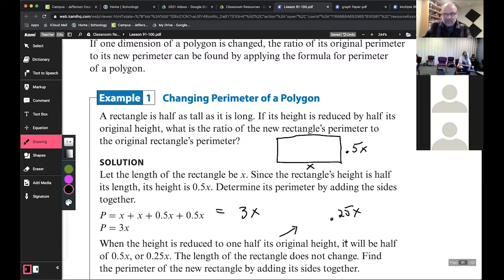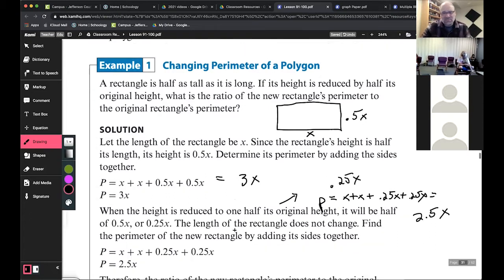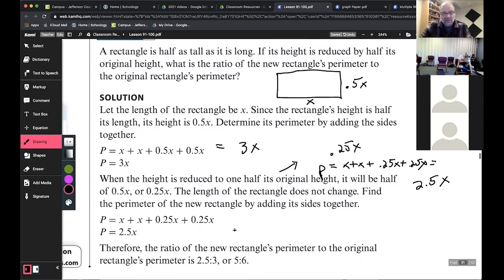The length of the rectangle doesn't change. Find the perimeter. So the perimeter is still x plus x, but now it's 0.25x plus 0.25x. Combining like terms, 2x plus another 0.5x is 2.5x. So all you're doing is just plugging in and combining like terms.